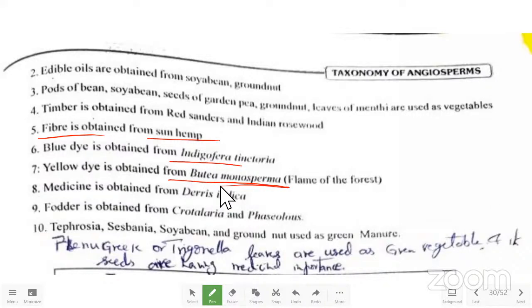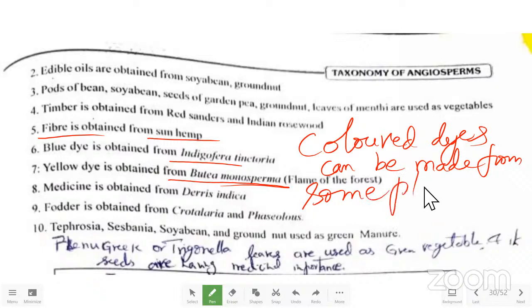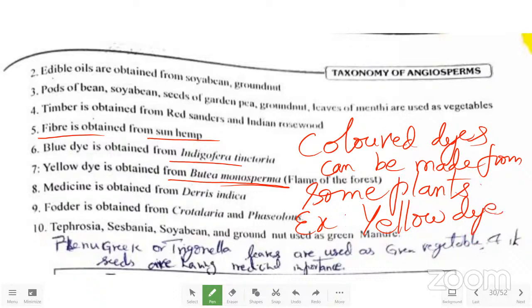Otherwise, you can write colored dyes can be made from some plants, for example yellow dye and blue dye. Give the color, that is sufficient. Okay, next one.